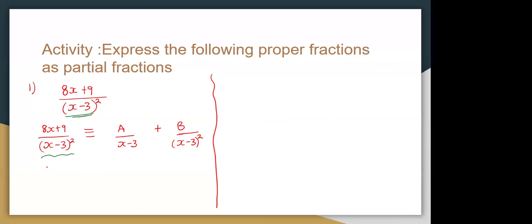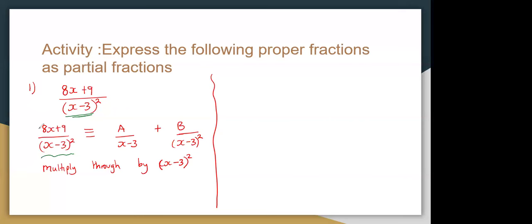So I'm going to multiply through by what I have as my denominator, which is this. What is going to happen?